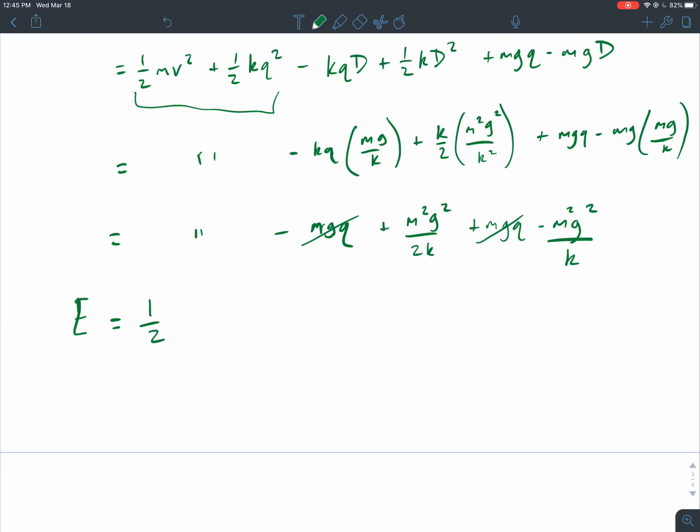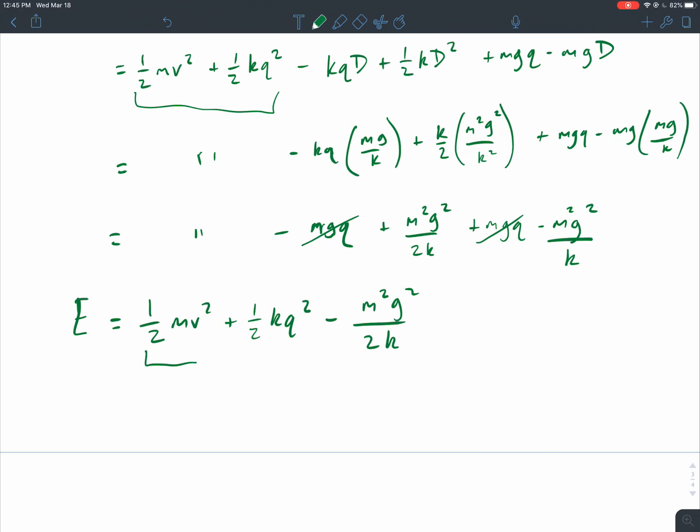So this becomes energy is 1/2 mv squared plus 1/2 kq squared. See, this is 1/2, that's 1, so this becomes minus m squared g squared over 2k. Okay.